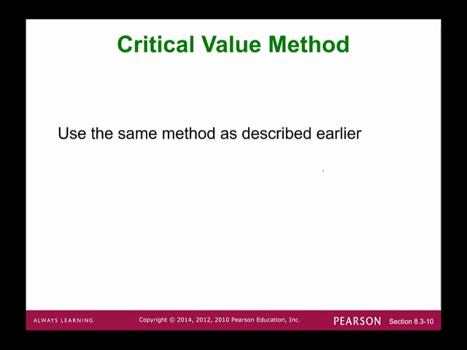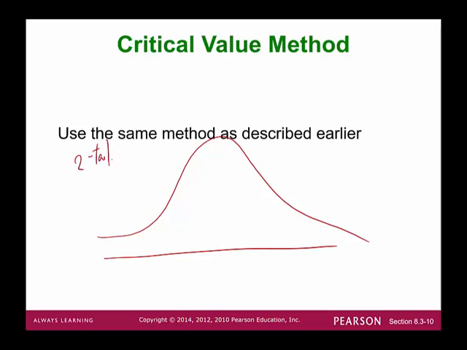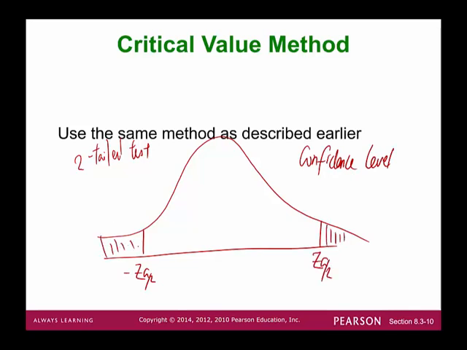For the critical value method, if it's a two-tail test, we find the critical z-scores based on the confidence level: the negative critical z-score and the positive critical z-score, and come up with the rejection region, or critical region.